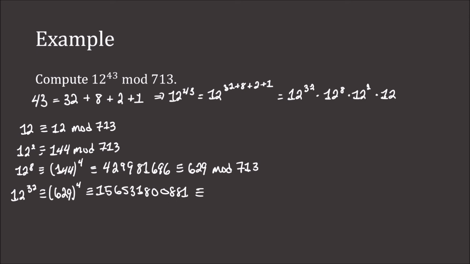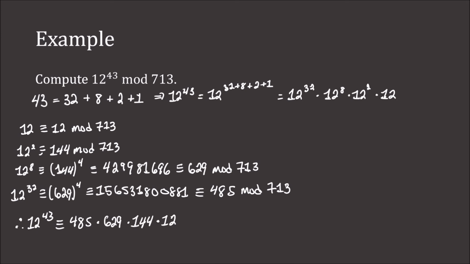And when divided by 713, that leaves a remainder of 485. So 12 to the 43rd would be congruent to the product of all these numbers: 485 times 629 times 144 times 12.